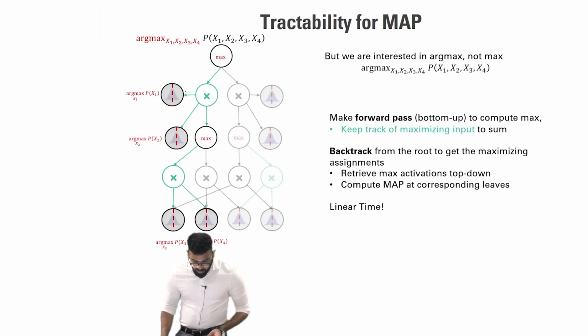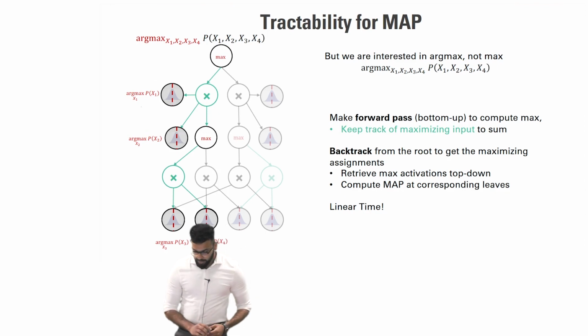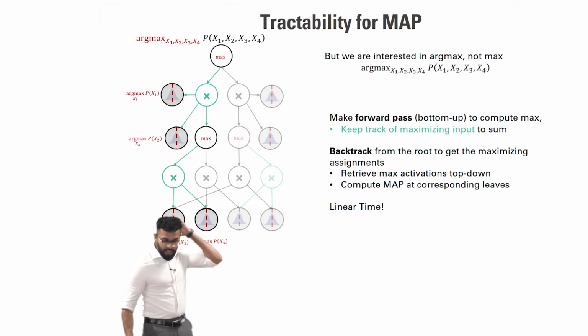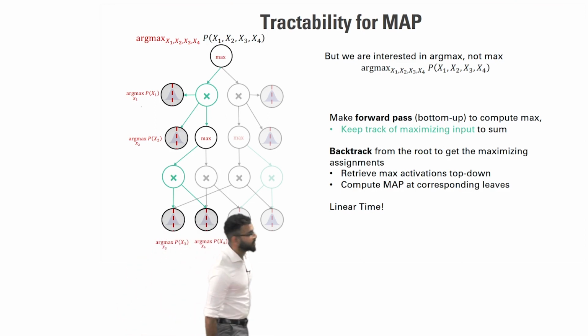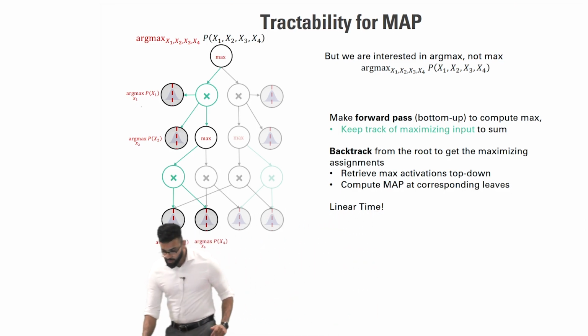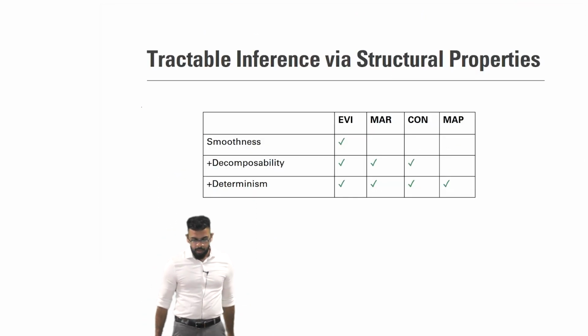When you continue doing this, you will end up with one distribution per random variable that you have, and the value that maximizes that corresponding leaf distribution would be the value that maximizes your joint, right? All right. So if you talk of computation time, how much time does it take? All it takes is one forward pass and one backward pass if you want to get the exact values of a random variable. So it's linear time, right? So you can compute MAP in linear time if you have decomposable and deterministic PCs.